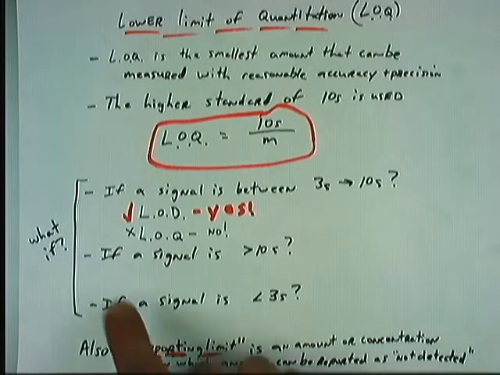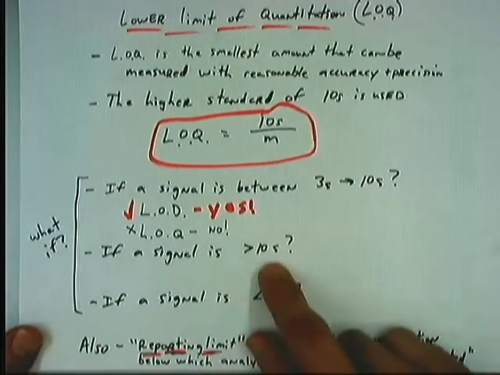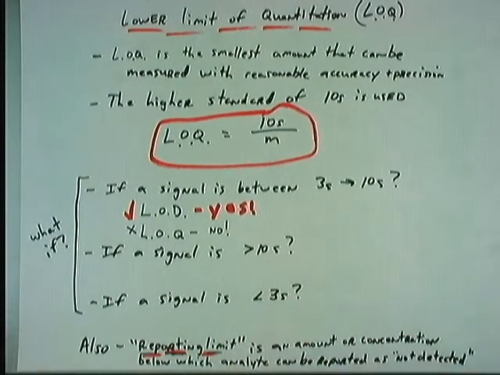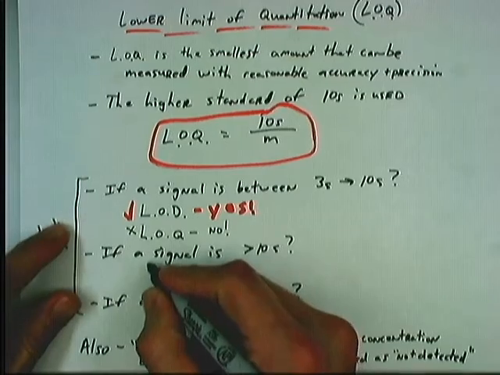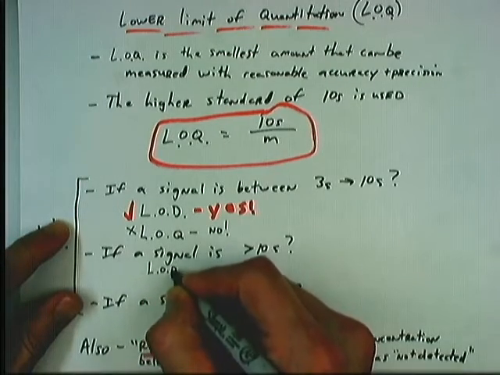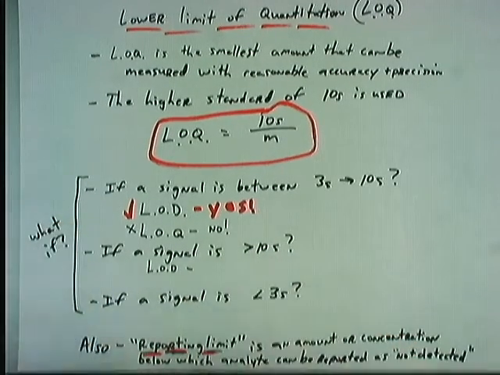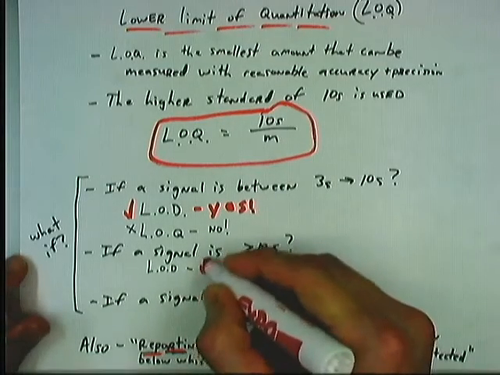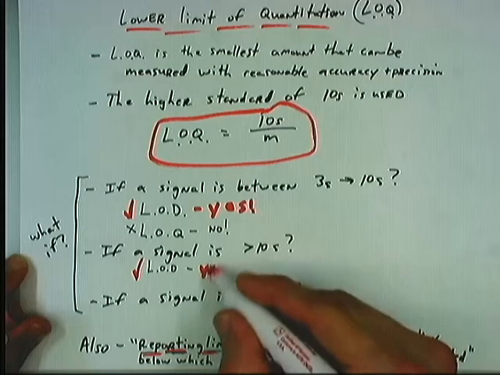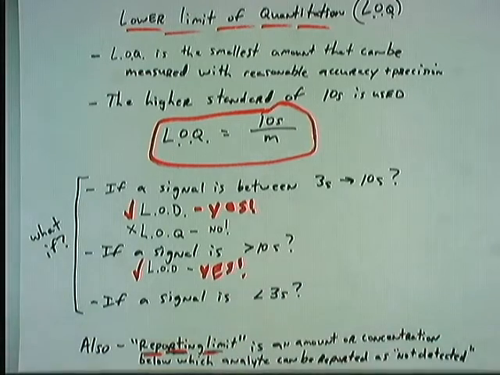Now alternatively, what if a signal that you observe is greater than 10s? Has that exceeded the L.O.D? Of course. So that's bigger than the 3s standard.